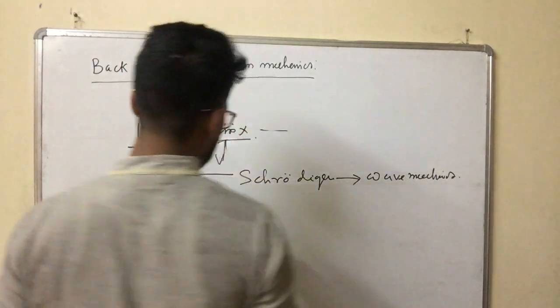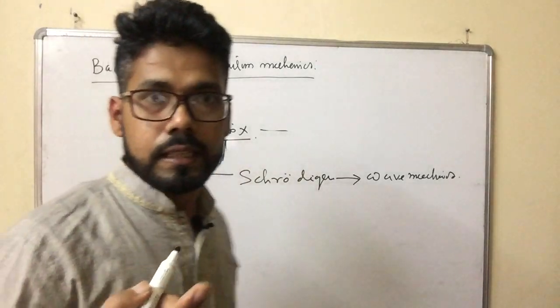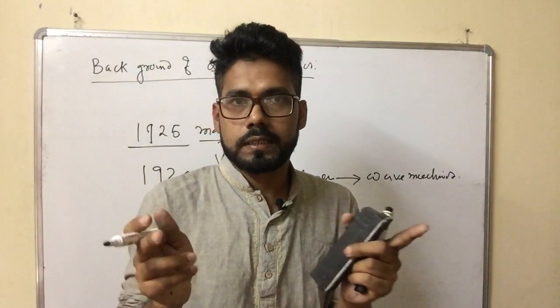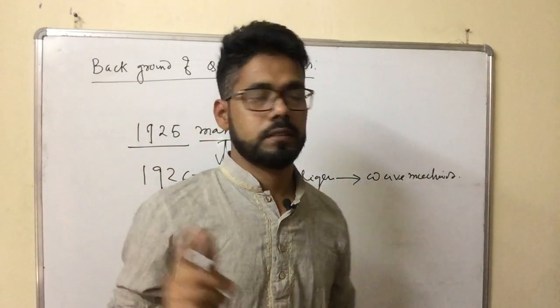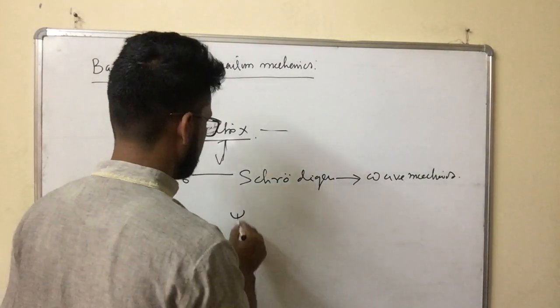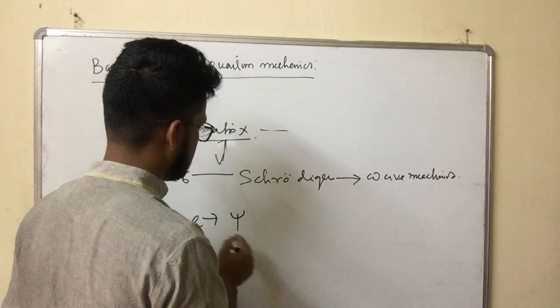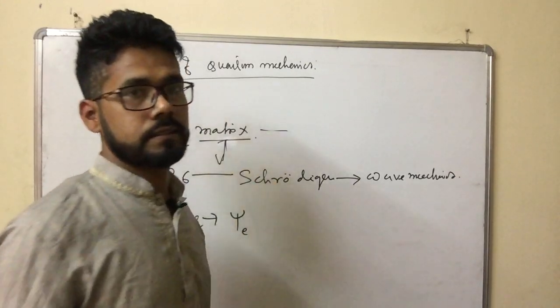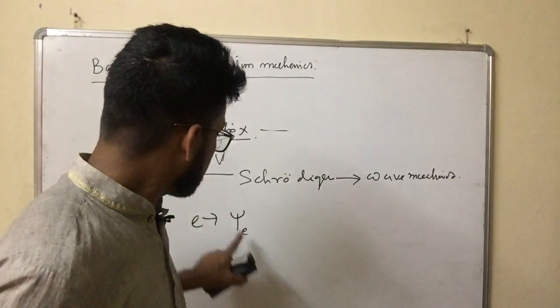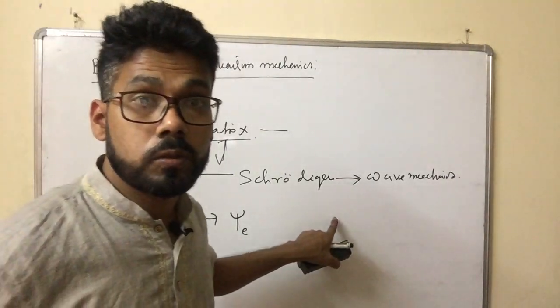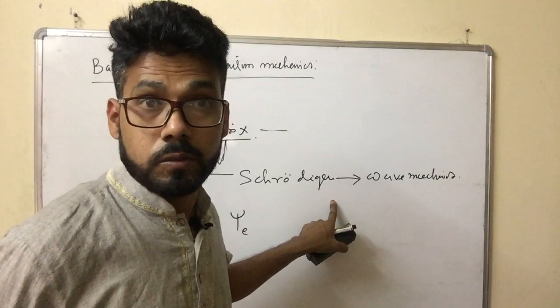Suppose an electron is not specified in quantum mechanics as an electron. The electron is represented by a wave function, suppose phi. The nature of the wave function, we will get from the solution of the Schrödinger equation. That's what we are going to discuss.